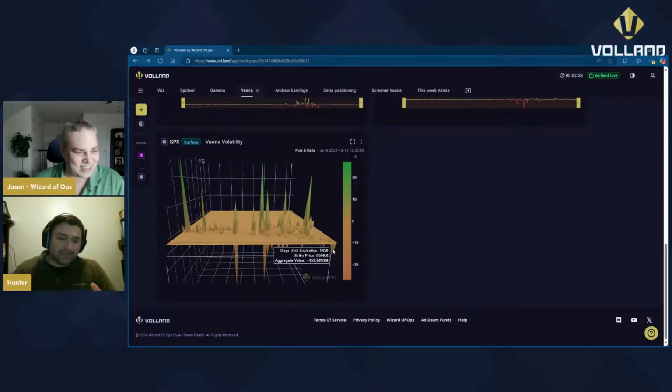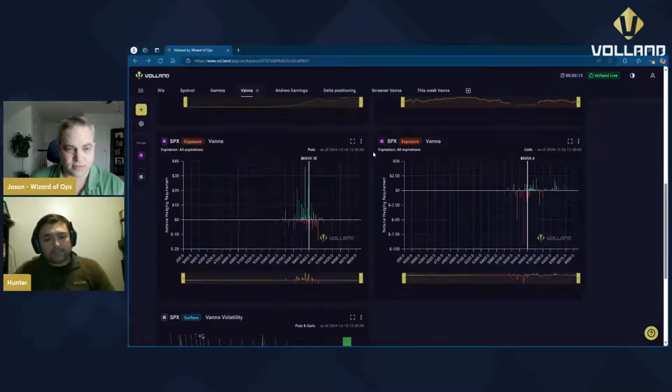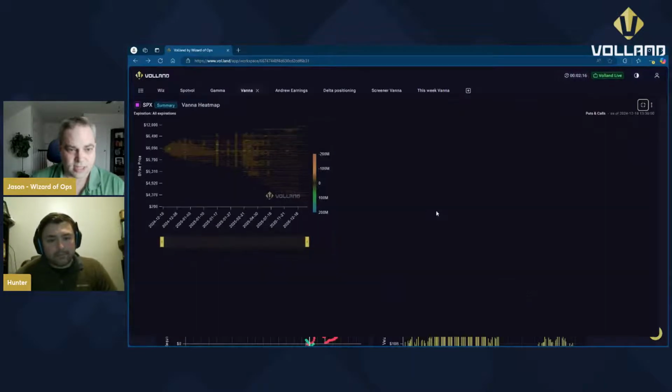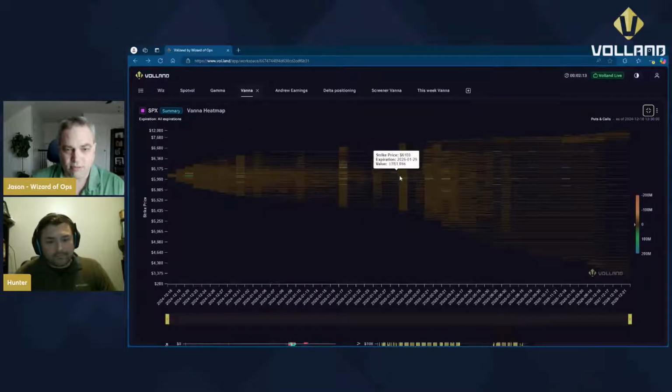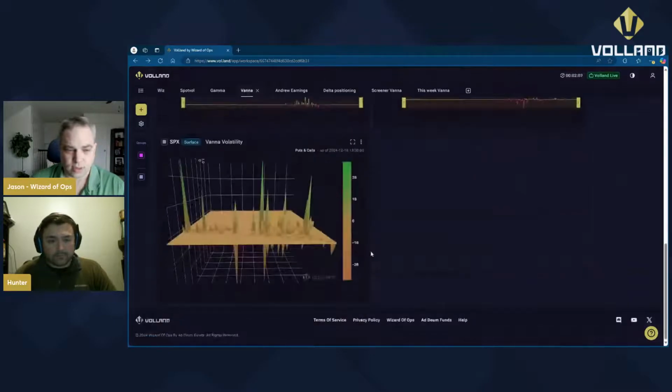What's really cool about this is that you had the vanna heat map to start with, and now you can really see what that looks like. I think that's where this really started, wasn't it? Yeah, the vanna heat map, up here, shows you how much each changes. And this one now will show you what the vanna exposure is on each of these.